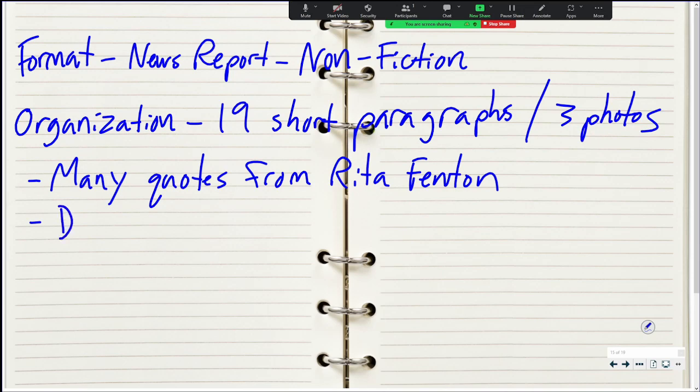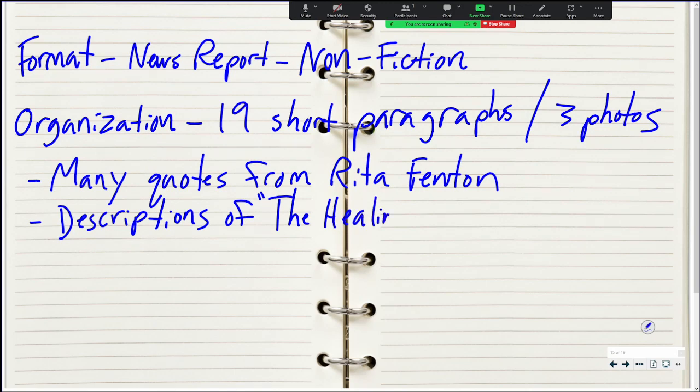There are descriptions of, quote, the healing place. That's her home, right?